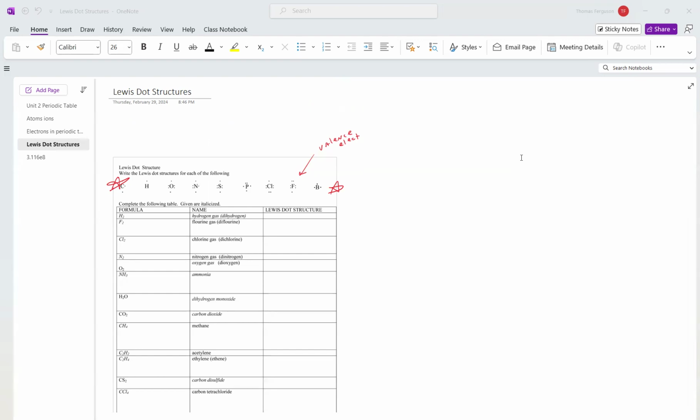Everything else has all three of those, plus a bunch more subatomic particles that are kind of wild. But for our class, those are just the three. The protons, unless we're doing nuclear chemistry, and neutrons don't do any chemistry.